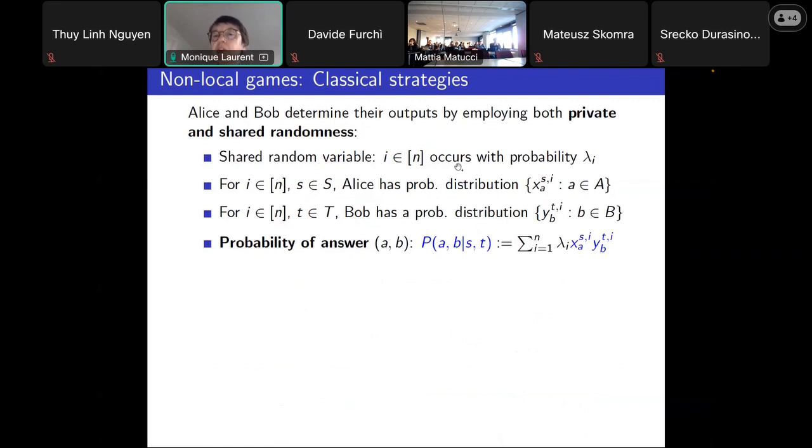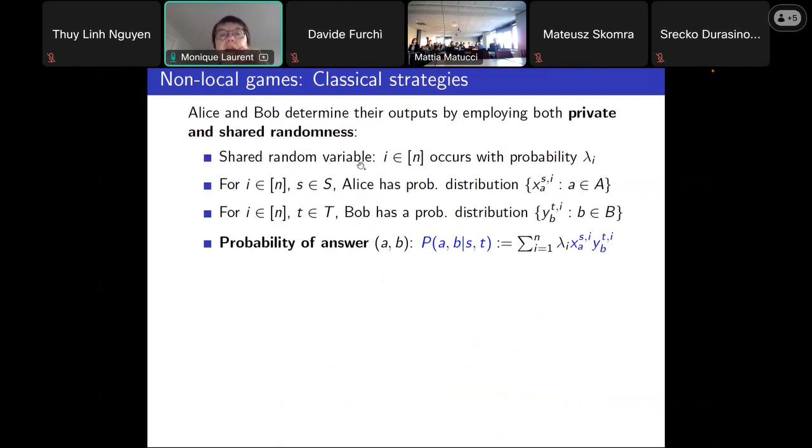And in a nutshell, what are classical strategies? They are simply convex combinations of deterministic strategies. But okay, let us now go through how it is usually introduced in the quantum information literature. So it is said that Alice and Bob determine their outputs, or their answers, by employing so-called both private and shared randomness.